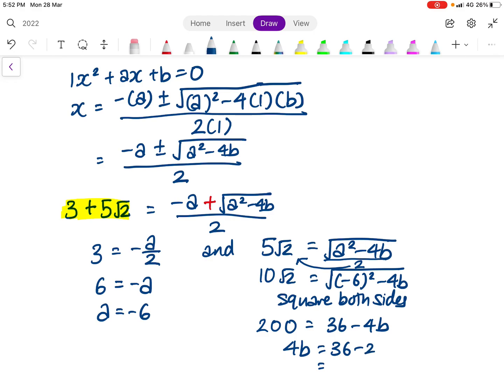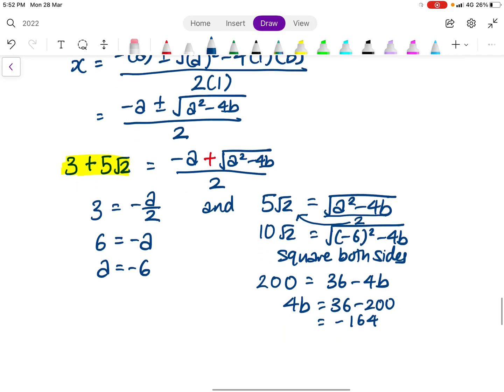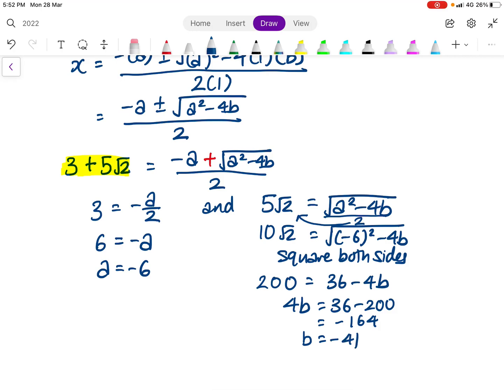36 minus 200, negative 164. So b equals to negative 41. Okay? So both methods will work. Let me tidy up this part. Okay, this is my mistake.